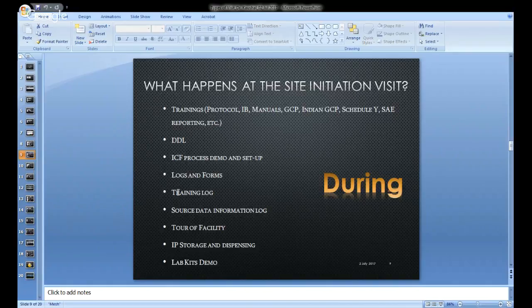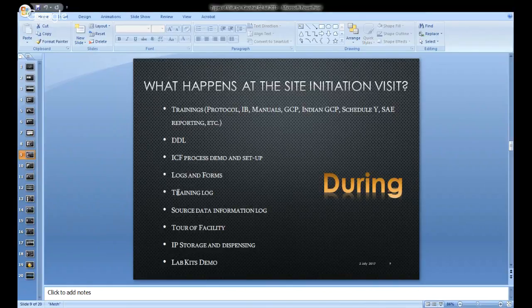Going ahead, lab kits demo. Feel free to use one of the lab kits, open it, share it with the site staff, and explain to them how it is to be used, what all needs to be made, how it is to be labeled, what all is to be submitted for which visit, and so on and so forth.